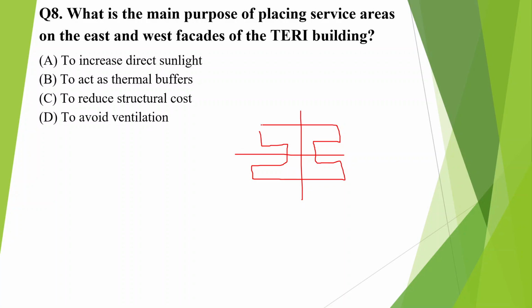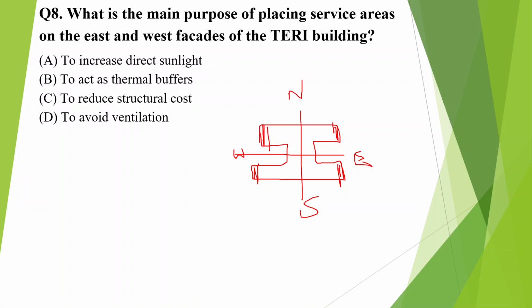If you have such a building design, with north, south, east, west, service areas were placed at the east and west of the facade in the Terry building in order to act as thermal buffers. The east and west sides receive the harsh solar radiation, and buffering with the non-critical spaces reduces the heat load on the occupied zone. That was told to you.